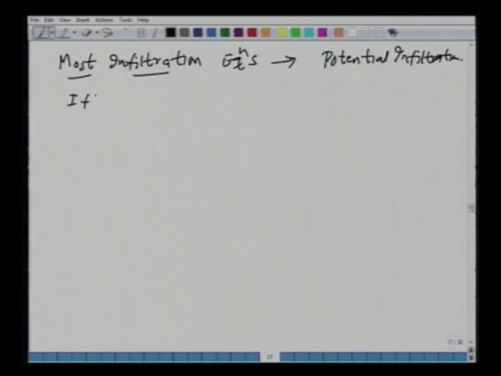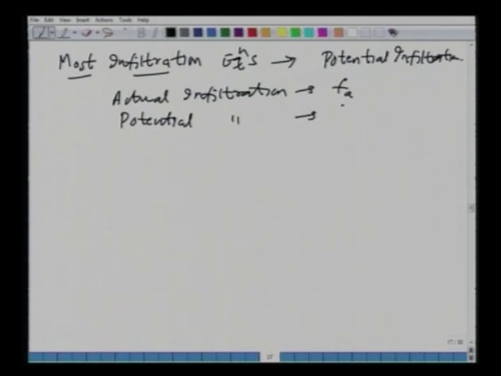Let me first define the actual infiltration rate as, let us say, F A, and the potential infiltration as F subscript P, and the rainfall intensity during the same time interval, or at the same time, as I. Now, if we compare this I with the potential infiltration rate, we should be able to say what the actual infiltration is. How do we do that?